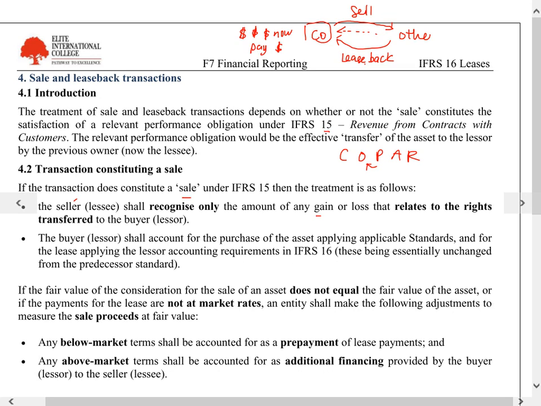We should recognize because there's a disposal of the asset, and we will recognize back the asset. Dispose asset, recognize back the asset, but the amount is different. So because of the disposal we recognize gain or loss, but only the gain or loss that relates to the rights that have been transferred.